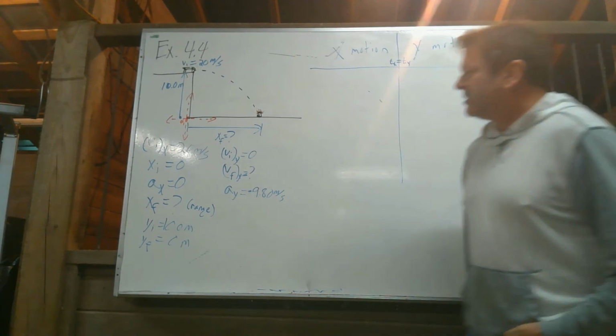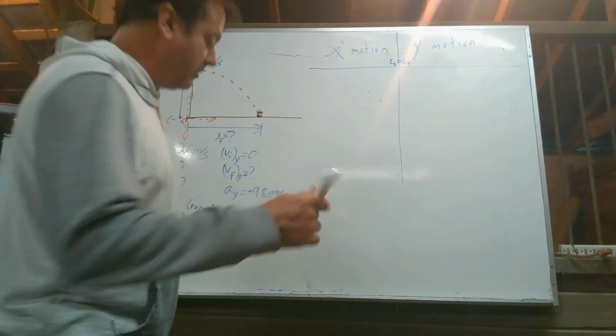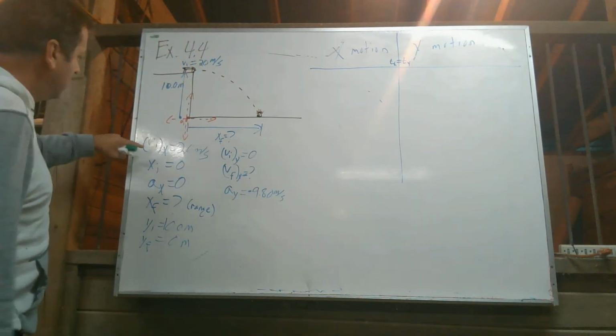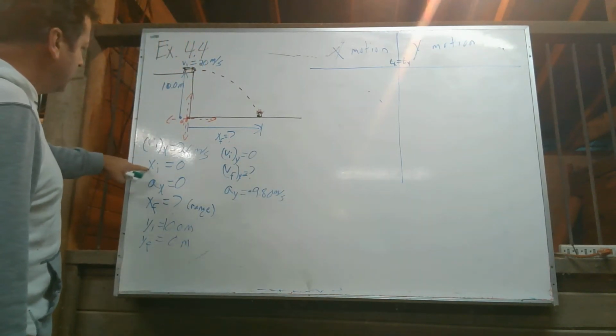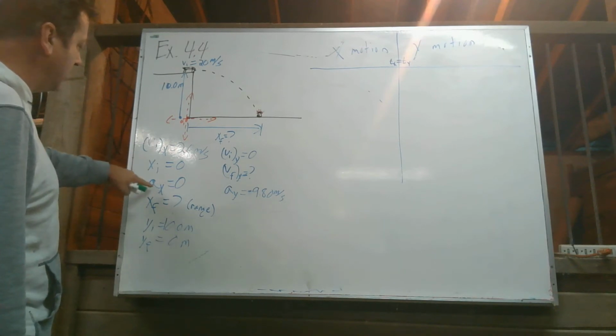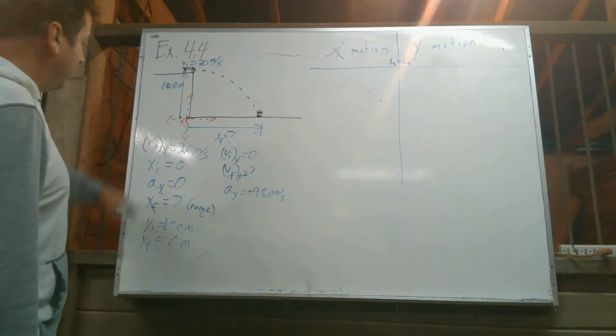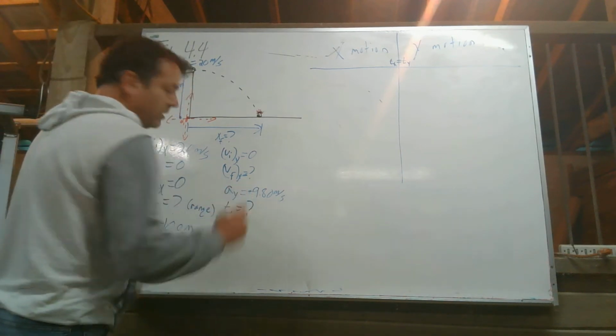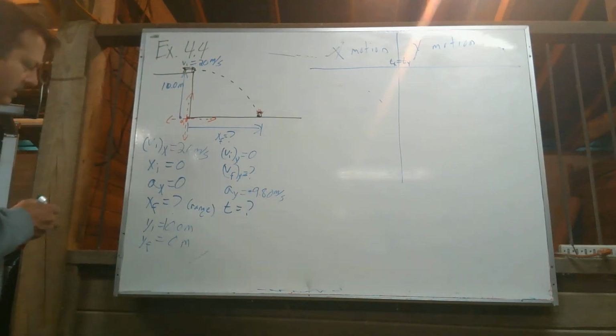So let's just think of x and think of y. In x, we know velocity, initial position; final position we don't know, acceleration, and we don't know the time. Do we have any equation that relates all of them? Oh, by the way, time I'm going to put here. We don't know that. I about forgot that one. You must forget something.